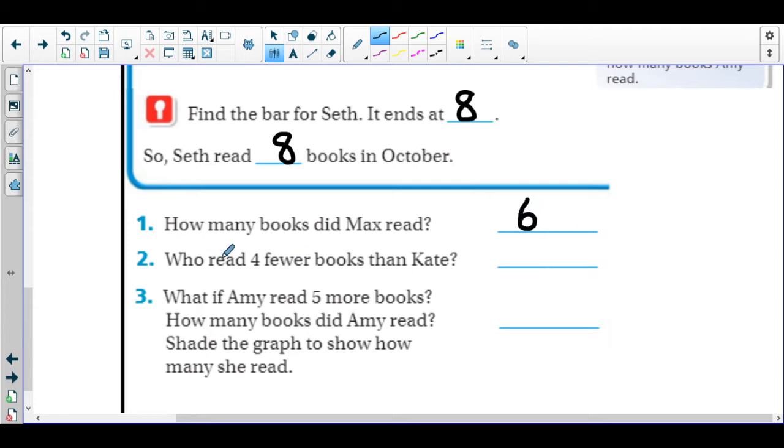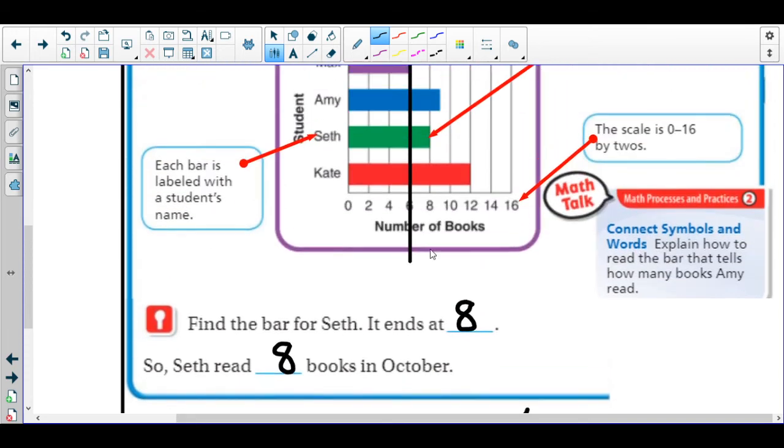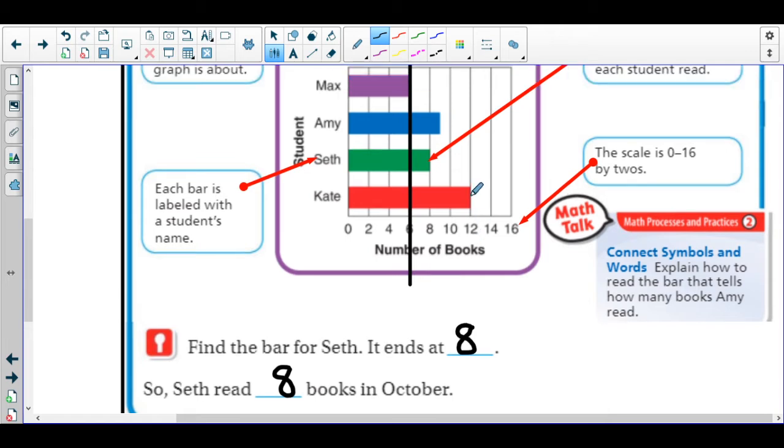Who read 4 fewer books than Kate? Well, first of all, we need to know how many Kate read. And Kate is right here at 12. And we need 4 fewer. So we can subtract 4 to get 8.